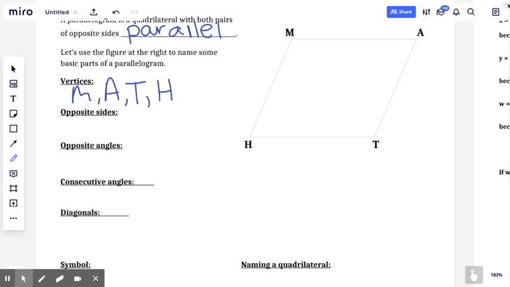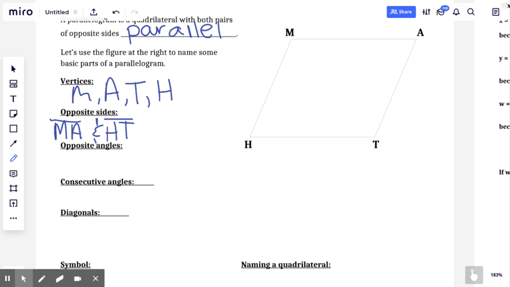Okay. The opposite sides are the sides that are across from each other. So like MA and HT, those would be considered opposite sides. And there's segments, so we want capital letters with the bar on top.